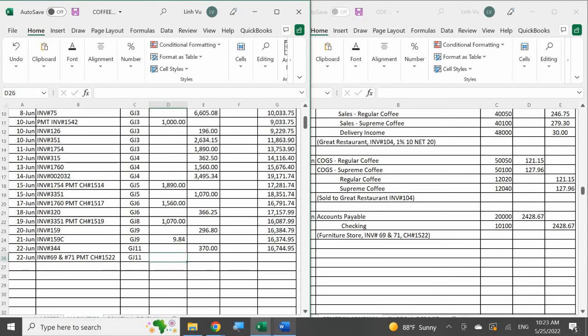We made a payment, so we reduce our liabilities by 2,428.67.